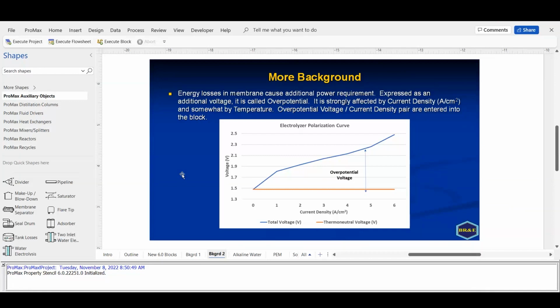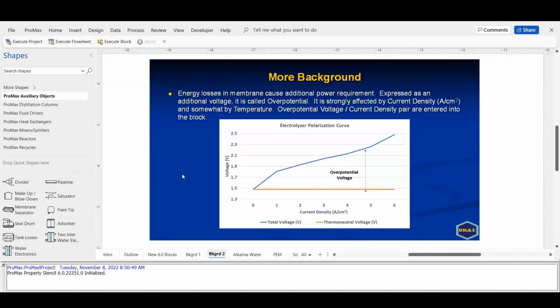So current density is a concept that is communicated a lot in the electrolyzer world, and that is the amount of amperage that is flowing through a unit area of a membrane. So the current density is something to appreciate, and then the total voltage and the overpotential voltage associated with that particular piece of equipment as current density changes.